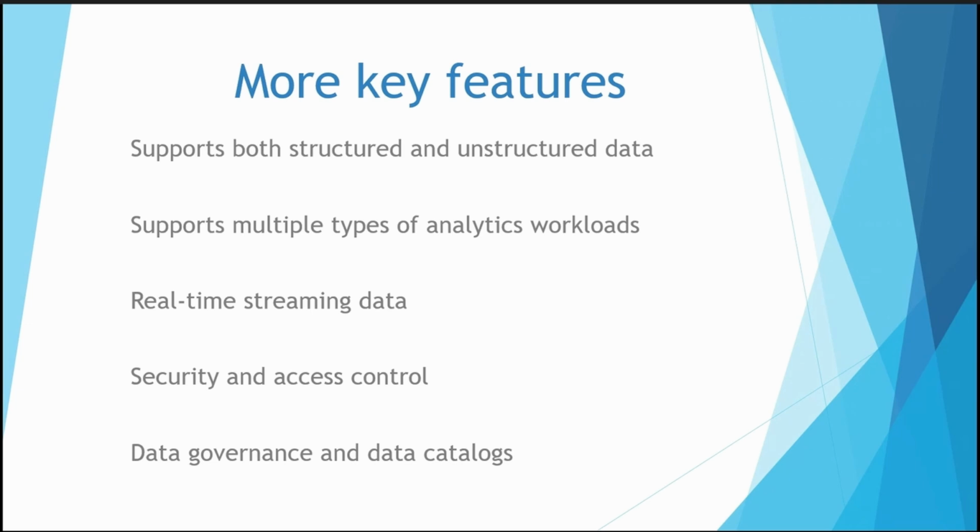We want to be able to support real-time streaming data easily. But we still want to make sure that we've got the traditional security and access control of the warehouse, and that we can govern the data, put data catalogs on it. So those are the 10 key features that make up the Lakehouse. The main idea is it's sort of the best of breed, the best of both worlds between data lake and data warehouse.